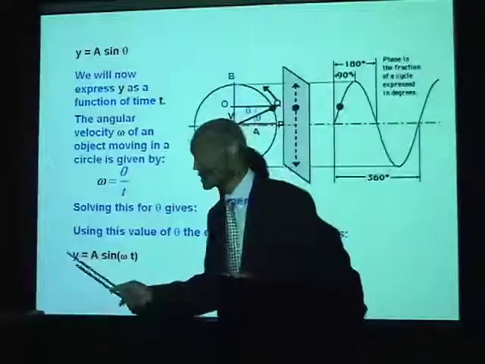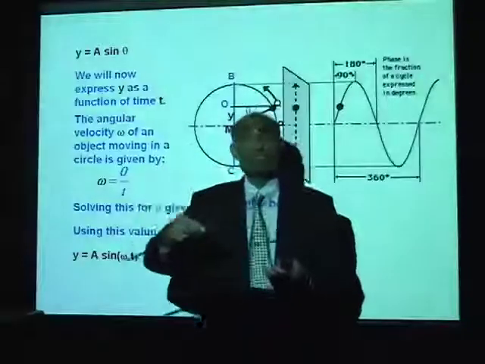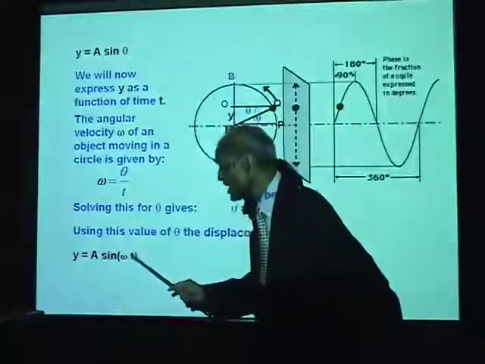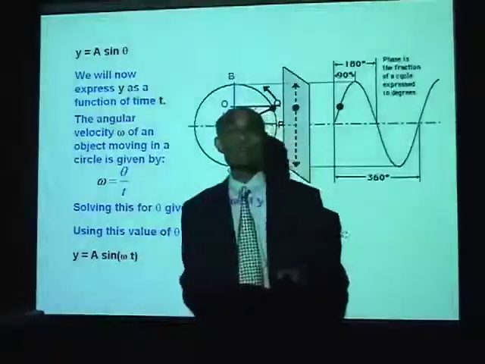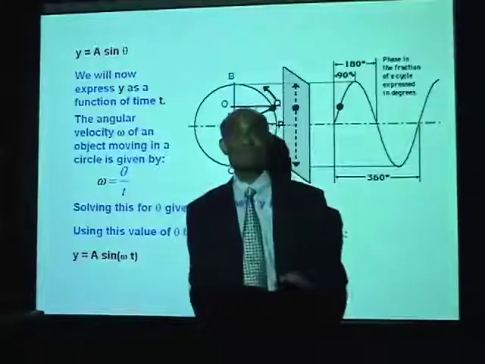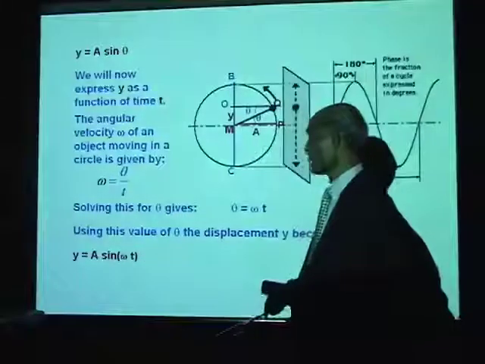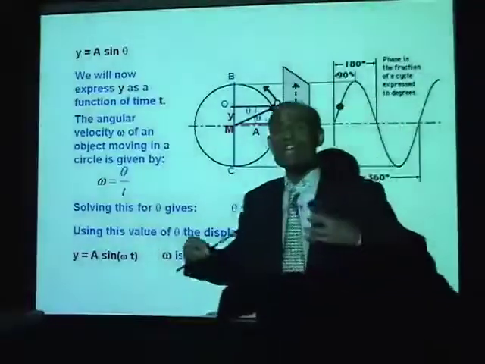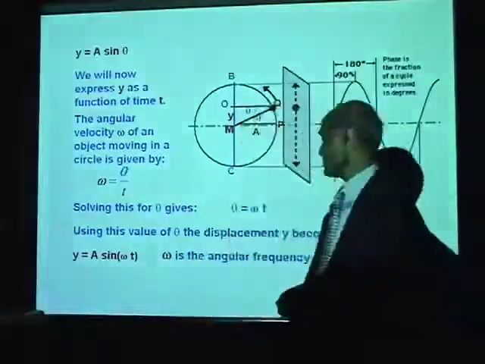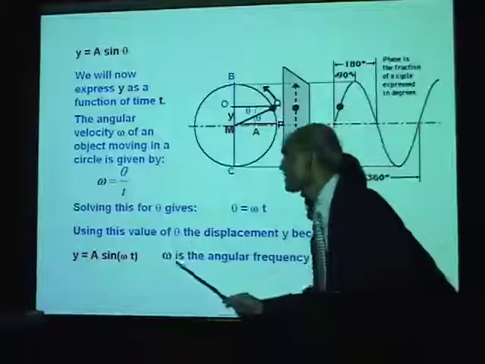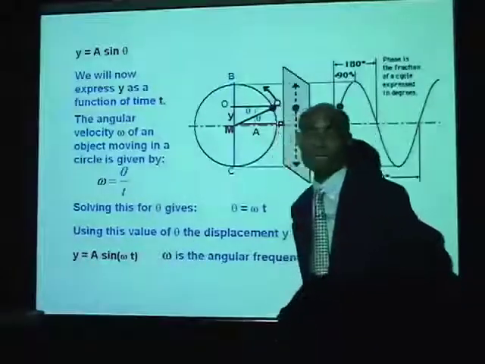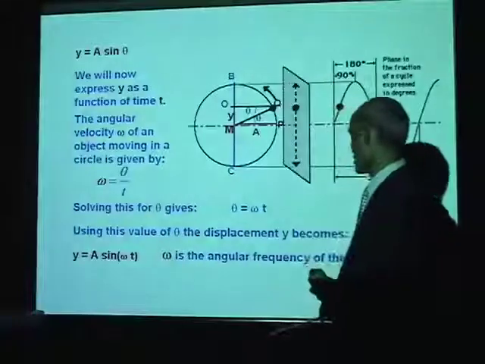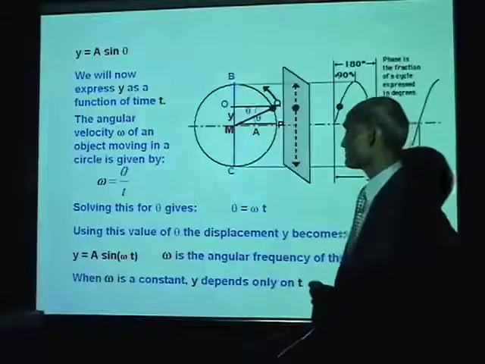You see, y stands for the displacement of the oscillation as a function of time. Y equal to a sine omega t. And don't forget that, that's a very important equation. And omega is actually called the angular frequency of the oscillation. And we will talk about this a lot, and you need to remember the identity of that quantity.